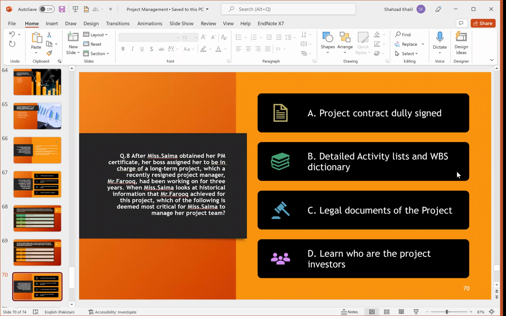A, project contract duly signed, B, detailed activity list and WBS dictionary, C, legal documents of the project, and D, learn who the project investors are. The correct answer is B. Detailed activity list and work breakdown structure would be the most critical point in all these options. So B is the correct answer.